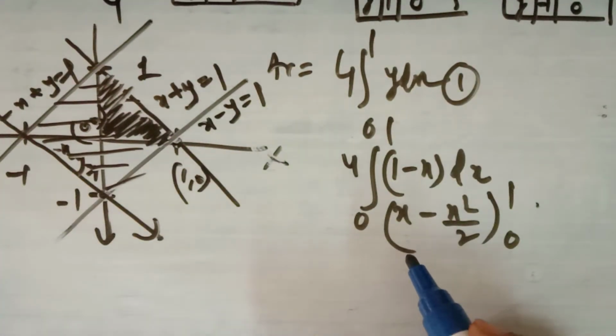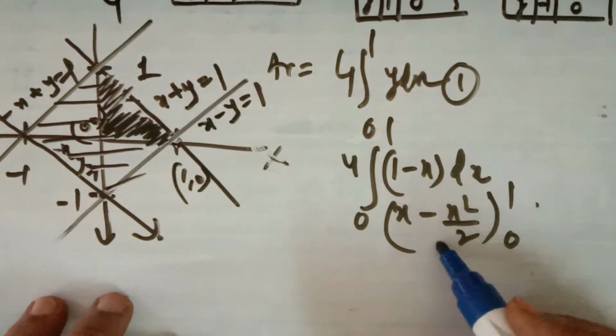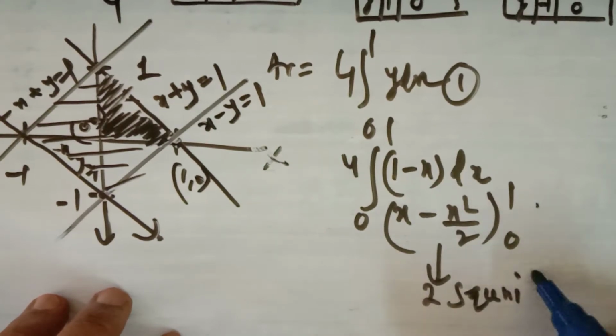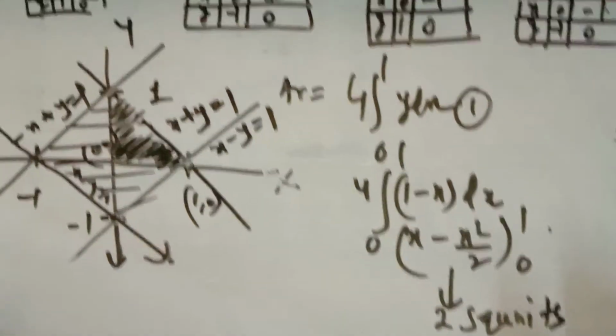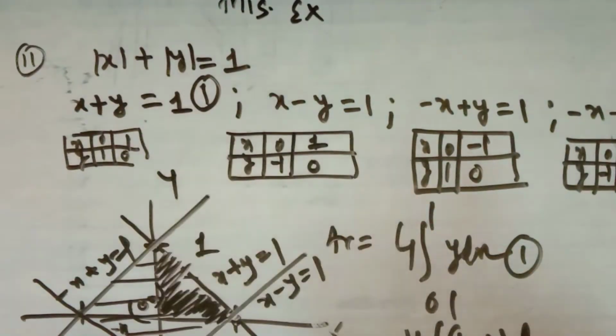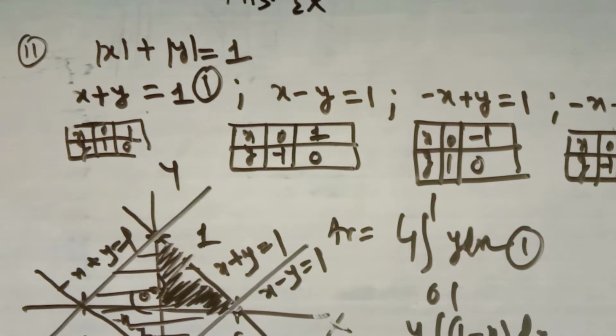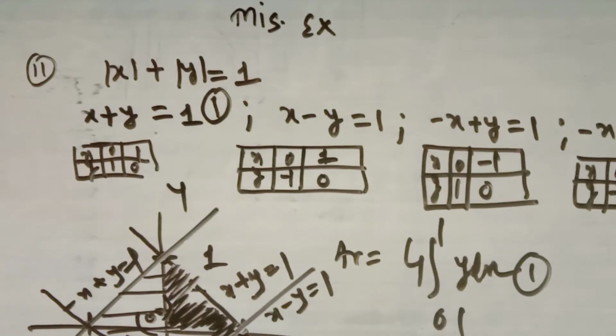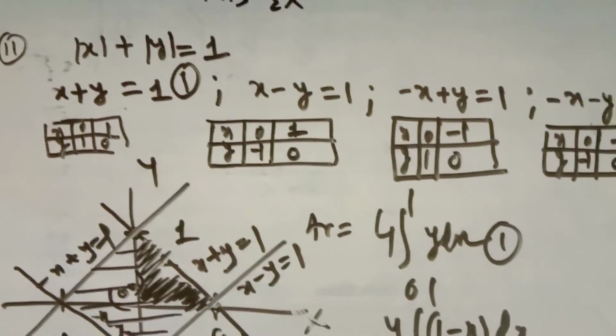When you do it, you will get the required area as 2 square units. This is the area bounded by the curve mod x plus mod y equal to 1. So this is question number 11 of your miscellaneous exercise.